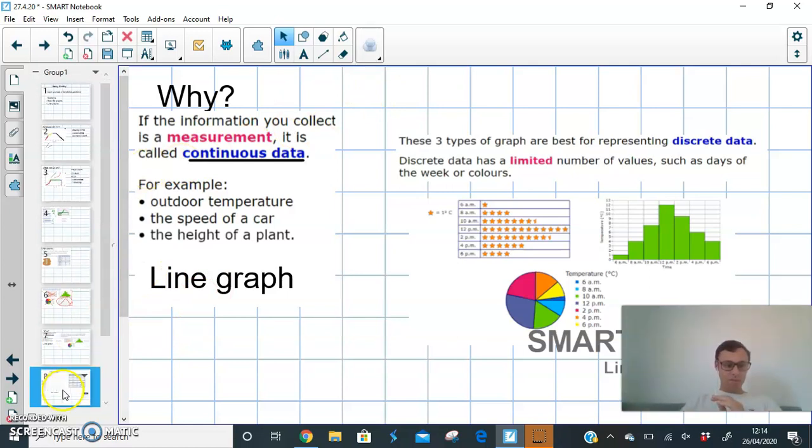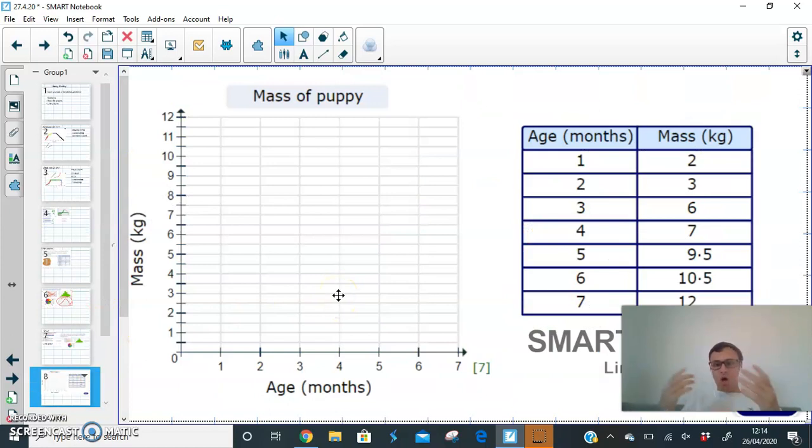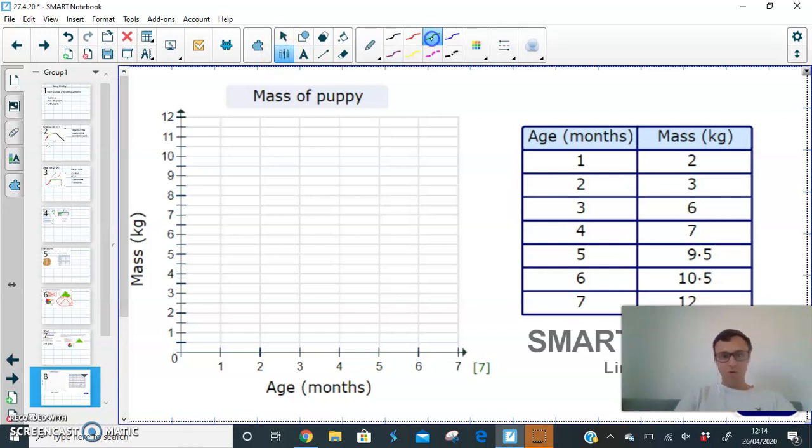Now moving on then. So question one asks you to plot this line graph. Now I'm not going to go through all of this, I'm not going to insult your intelligence. 1 month, obviously it's 2, so I go up 1 and y is 2. 2 months it was 3, so these basically become coordinates, don't they?